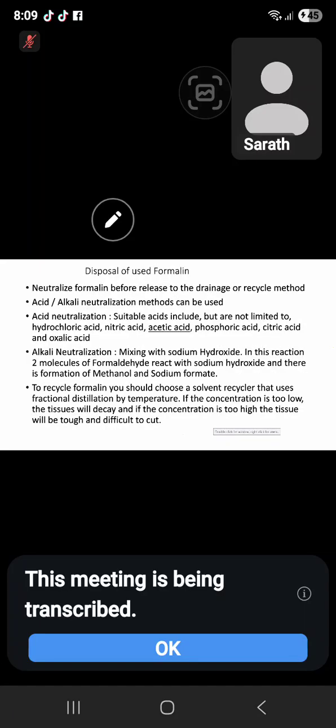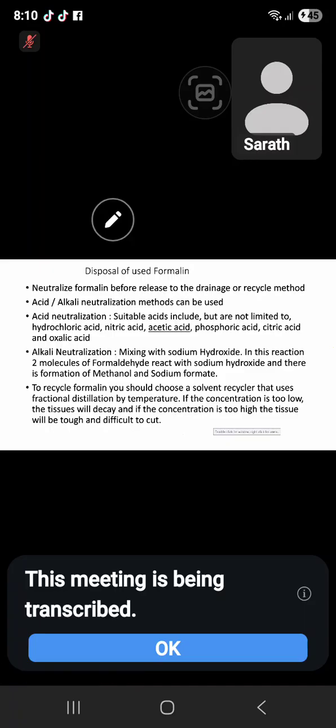Sorry, formalin. How is formalin discarded? I have seen most Sri Lankan laboratories just dump it into the wastewater. It is totally wrong. When I asked in the viva, university students also said dilute it and put it into the septic tank.